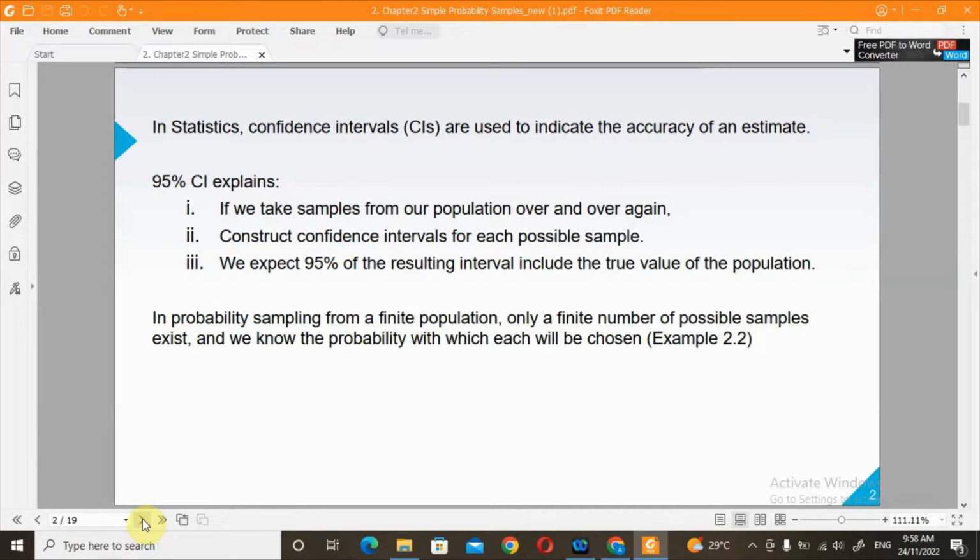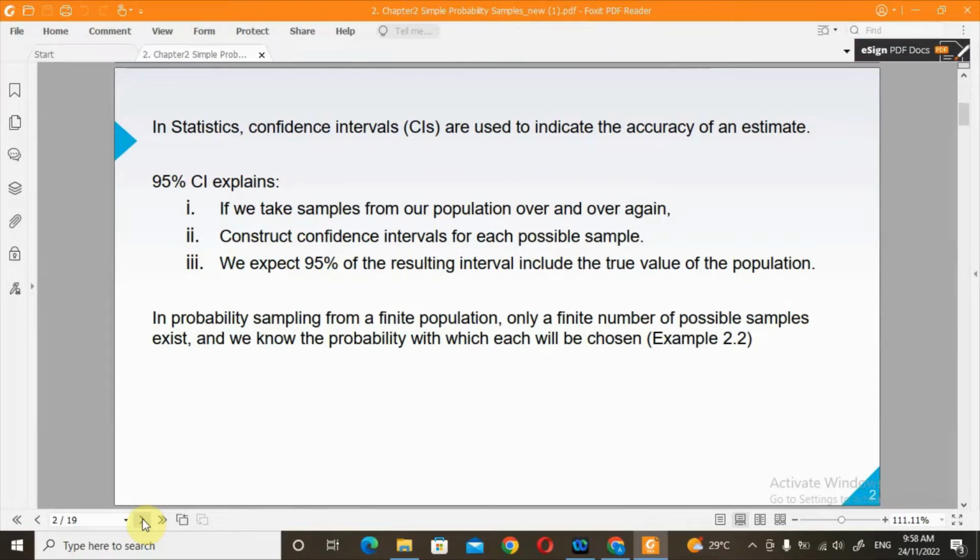And in probability sampling from a finite population, only a finite number of possible samples exist, and we know the probability with which each will be chosen. If we could generate all possible samples from the population, we could also calculate the exact confidence level for a confidence interval procedure.